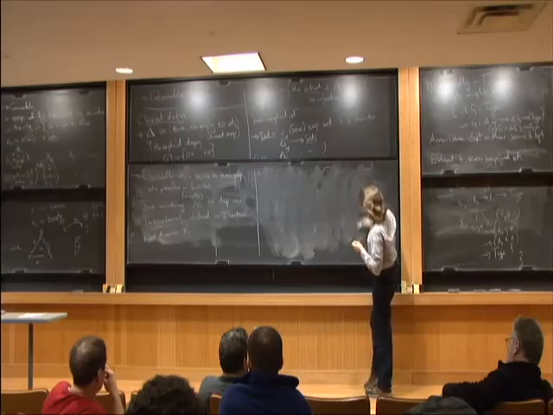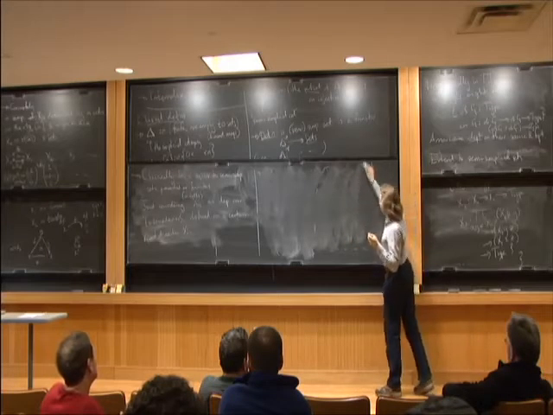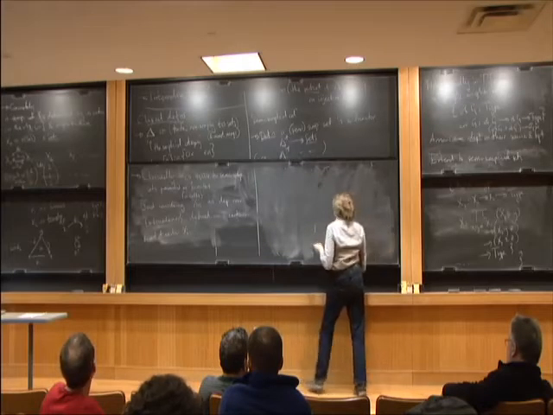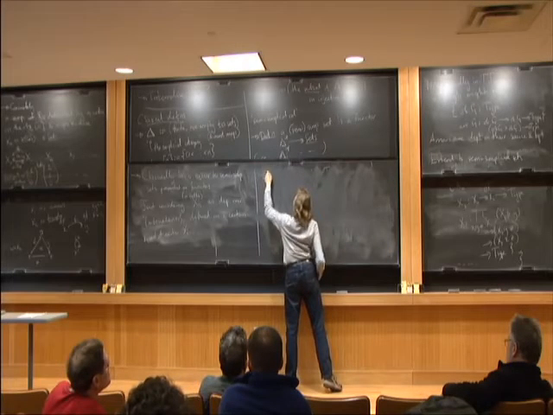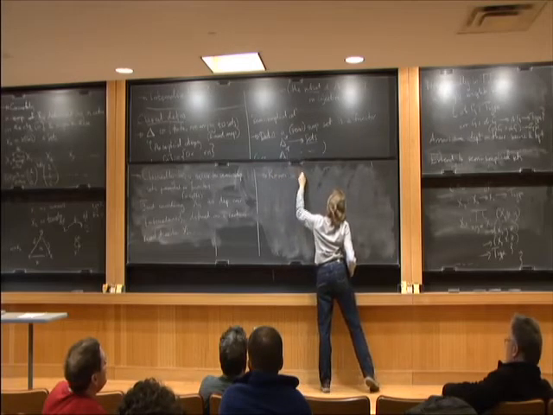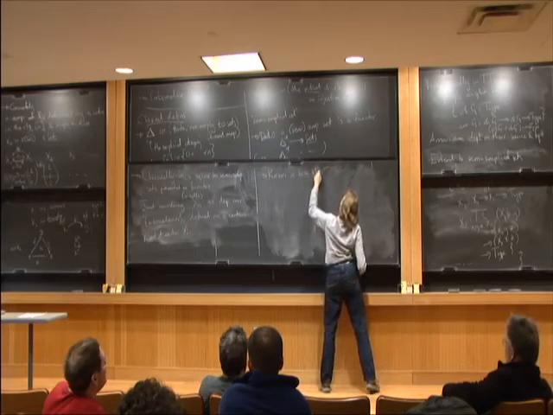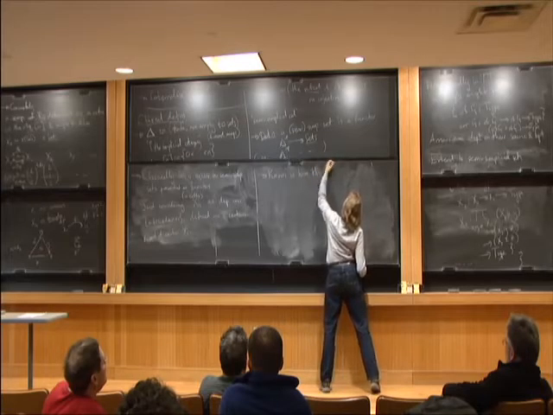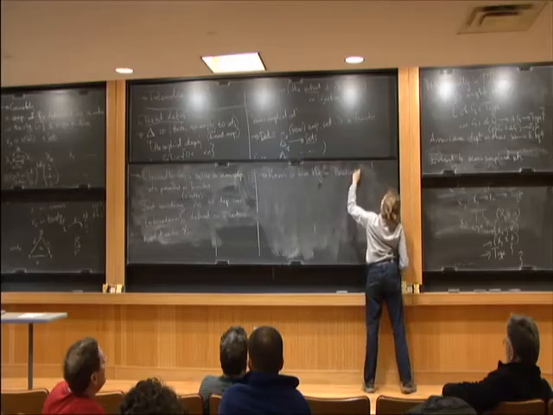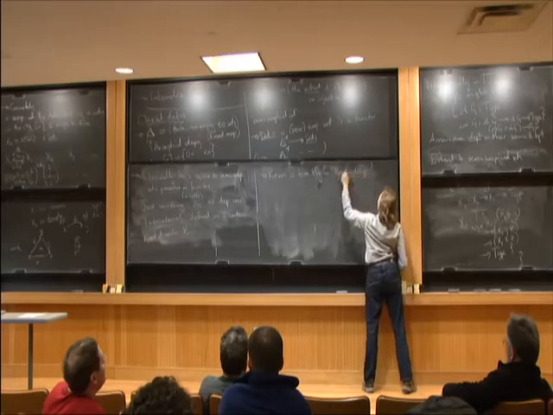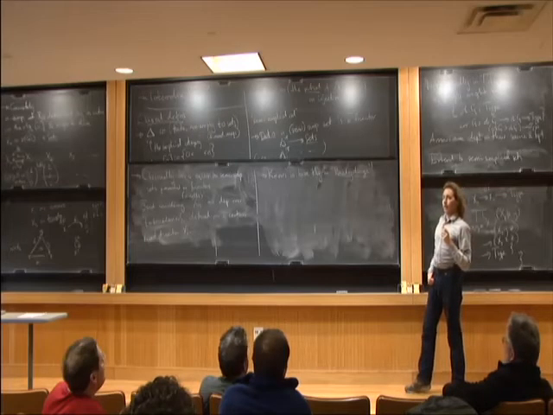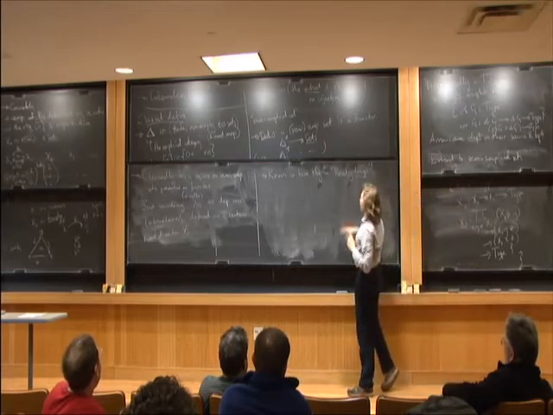This is what's called Reedy diagrams in homotopy theory. Reedy is somebody's name.